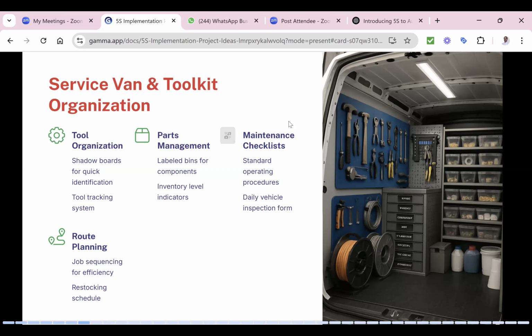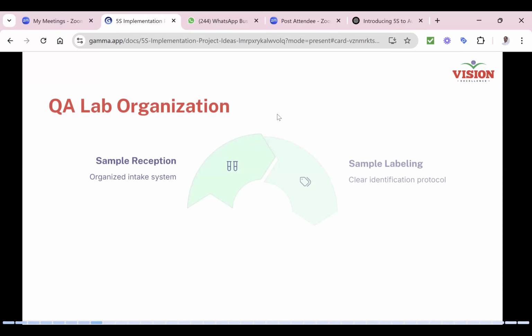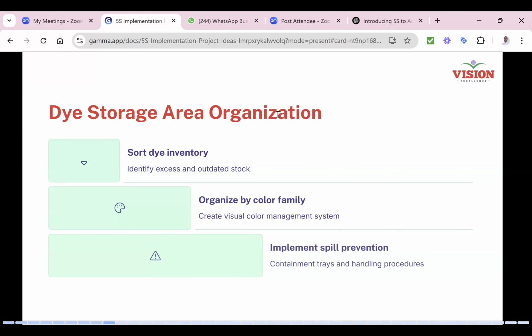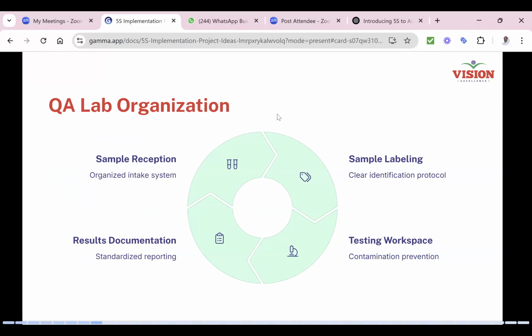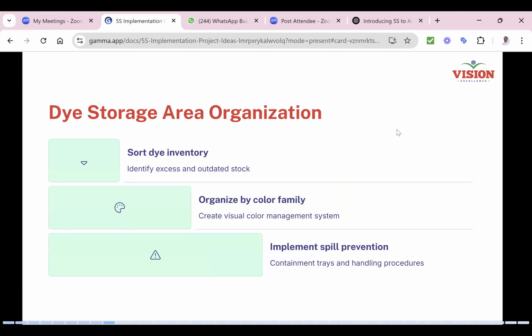So service van, toolkit organization, and even lab organization. Yes. So you can think in terms of the sample reception and sample labeling. You can improve the testing workspace for contamination prevention, and similarly the results documentation.